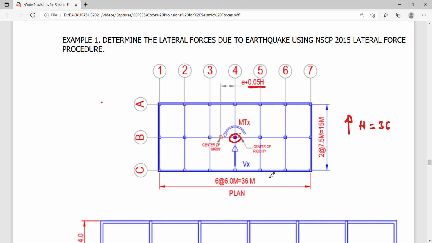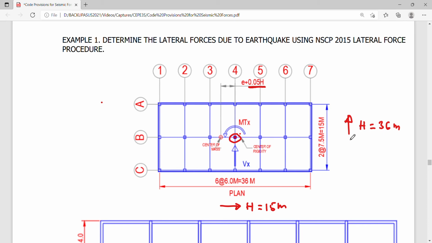Okay, if we are considering the movement in this direction, we have to consider h is equal to 15. So take a look at how the value of h is actually determined. It has to be based on what direction of earthquake you are considering.